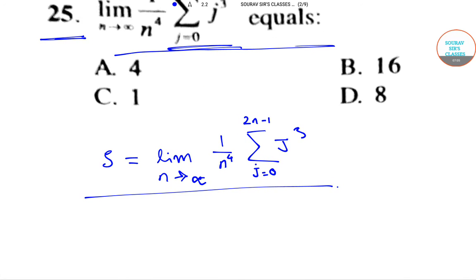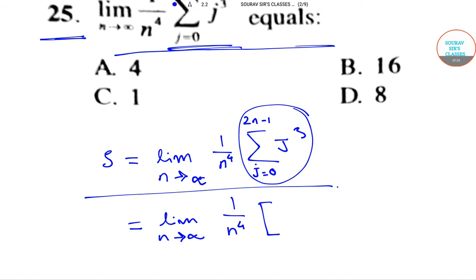Now in the next step we can write it like this: limit as n tends to infinity of 1 by n to the power 4, and for this we can write 1 cube plus 2 cube plus dot dot dot up to (2n minus 1) cube, within the brackets.